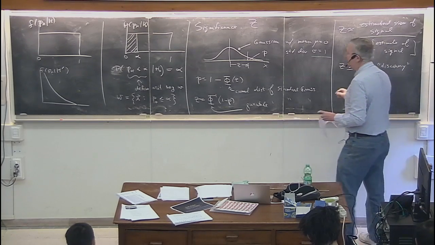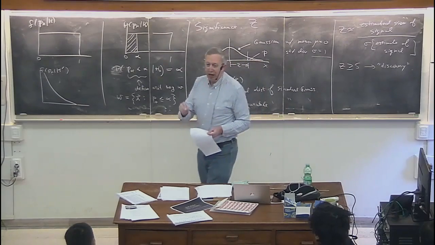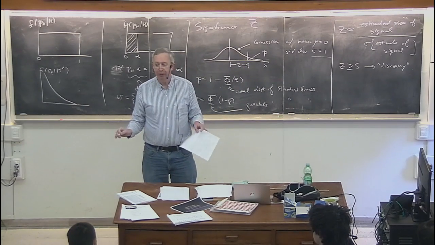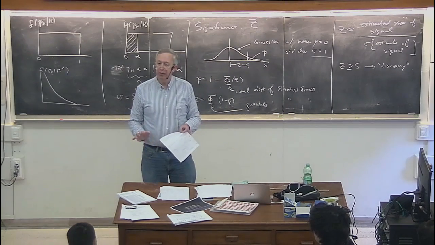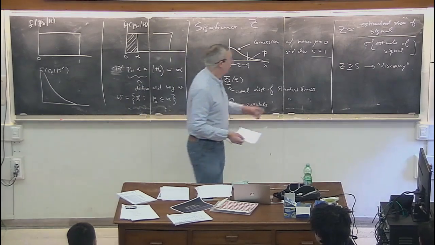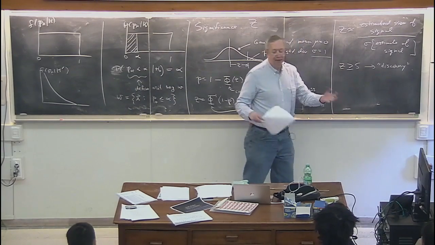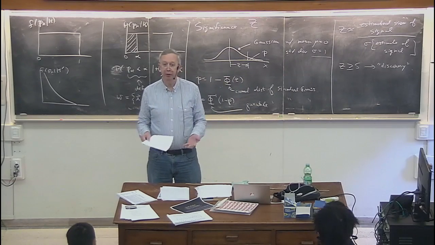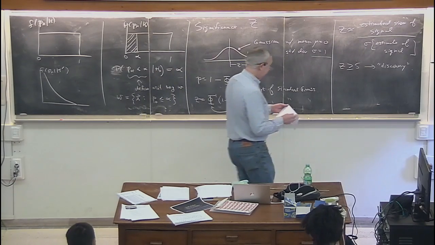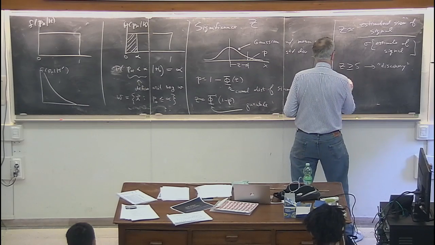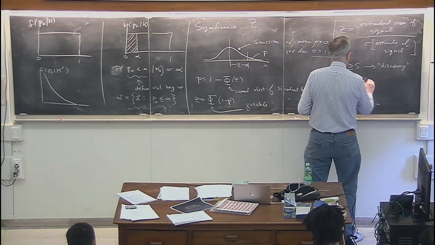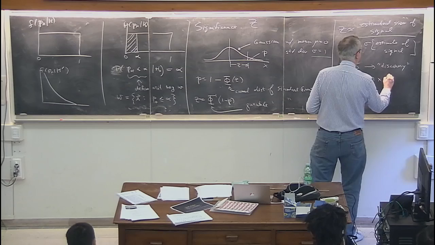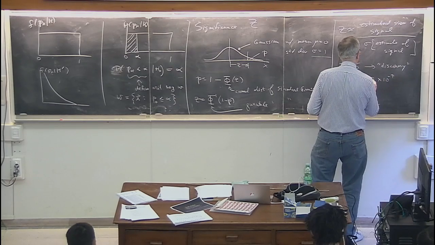You're testing the hypothesis that there's no signal present. If you can reject that with a sufficiently small p-value or a sufficiently high significance, then you can claim that you found the signal. But z equals 5 corresponds to an incredibly small p-value, like 2.9 times 10 to the minus 7.